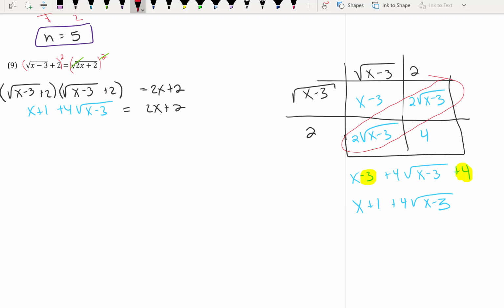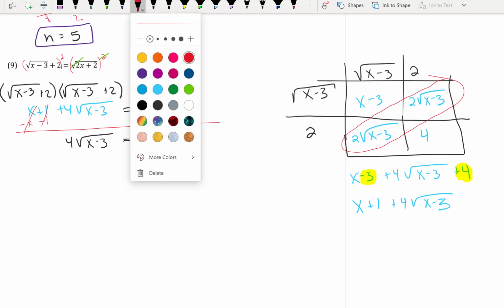So what I'm going to do from here is repeat the process. So now I'm going to subtract x from both sides and subtract 1 from both sides to isolate that square root. So I have 4 square root x minus 3 is equal to x plus 1.